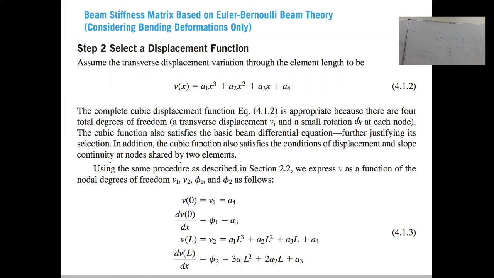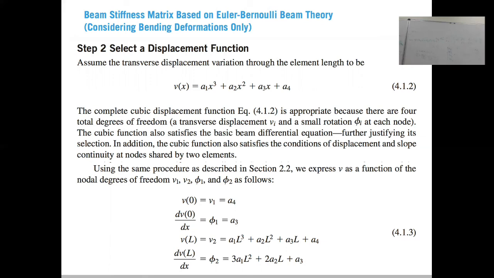V equals A1 plus A2, let's say x squared plus A3 x cubed, plus A4x, something like that. And then you evaluate this. You know A1, A2, A3, A4.